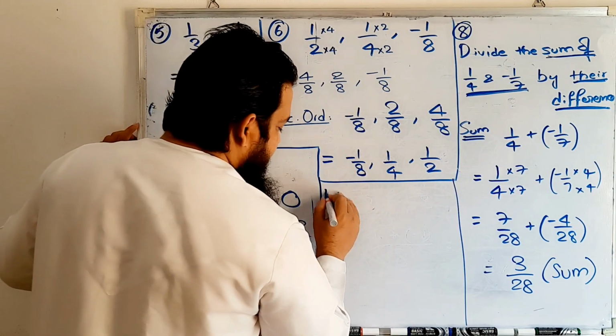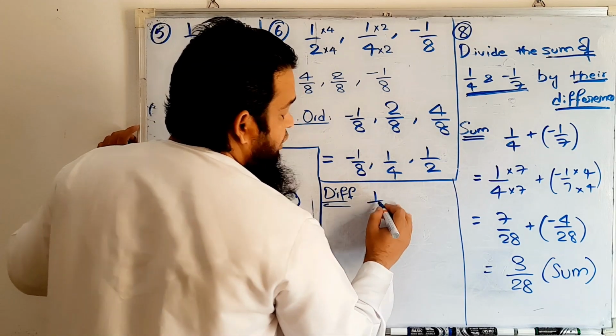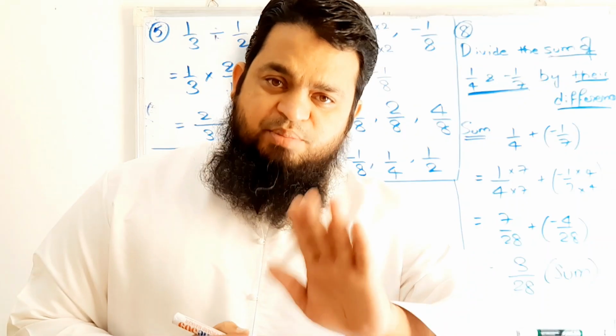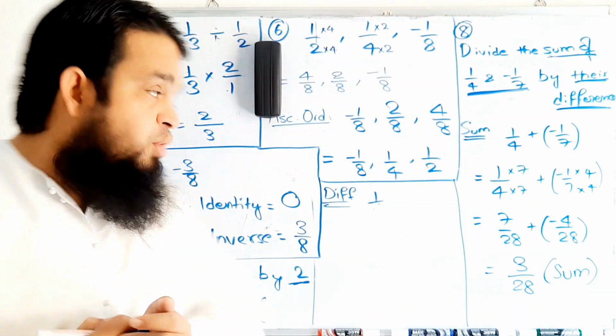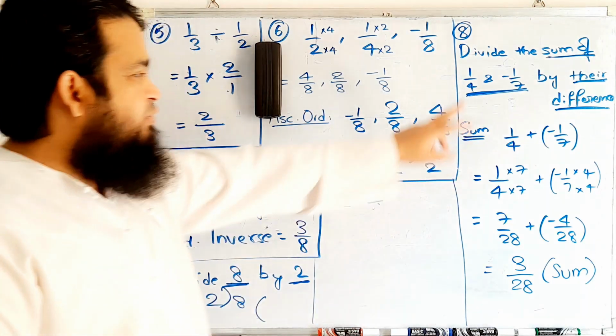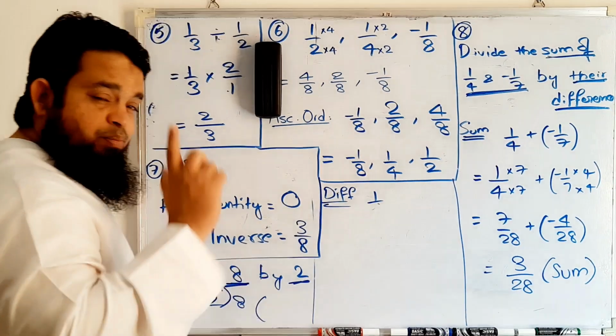See, its difference is very interesting. 1 by 4, yes. Difference means you have to subtract the smaller number from the bigger number. Which one is smaller? Minus 1 by 7 is smaller because it is negative. So you have to subtract minus 1 by 7 from 1 by 4. Everybody please listen.